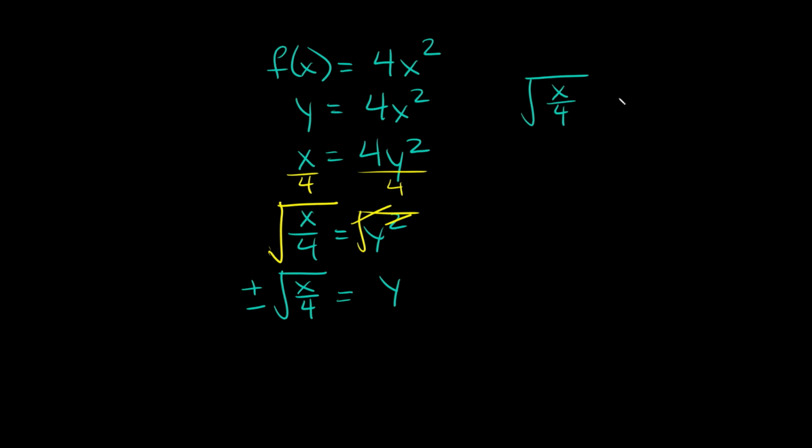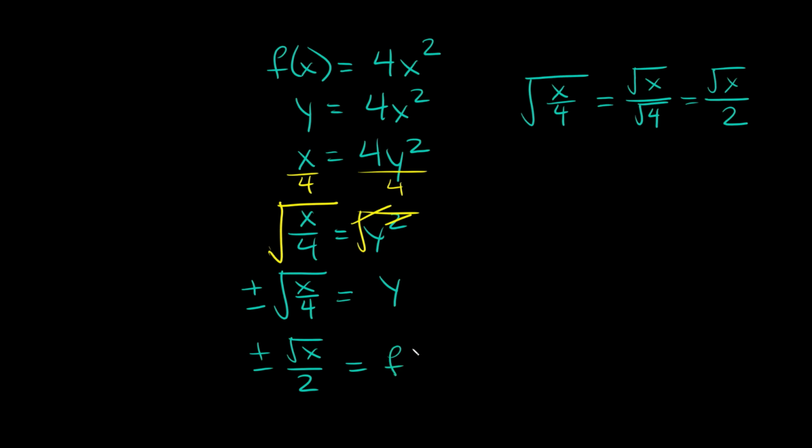So the square root of x over 4 is the same thing as the square root of x over the square root of 4, which is equal to the square root of x over 2. So simplified, this is plus or minus the square root of x over 2, and that's equal to y. And again, y is just our inverse function, so we can write that right now. So this is equal to the inverse function right there.